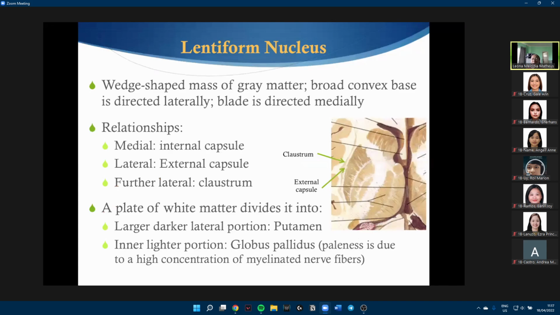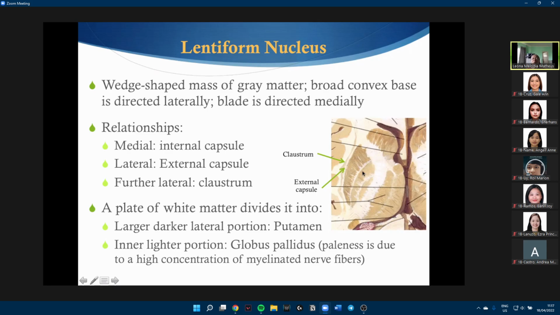Firstly, of course, medially you find the internal capsule, and at the lateral aspect, you find a narrow sheath of white matter, and that is what you call your external capsule. So external capsule on the lateral aspect, internal capsule on the medial aspect. Now further lateral, you will see a thin sheet of gray matter, and this is of course your claustrum.